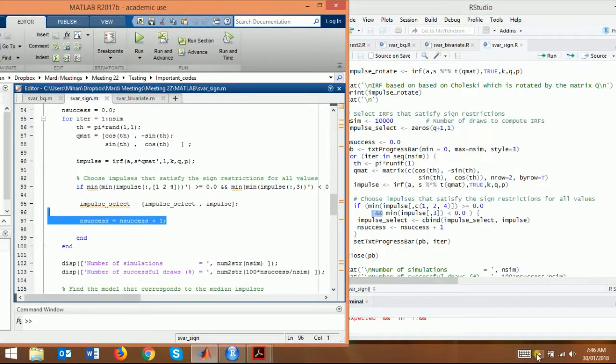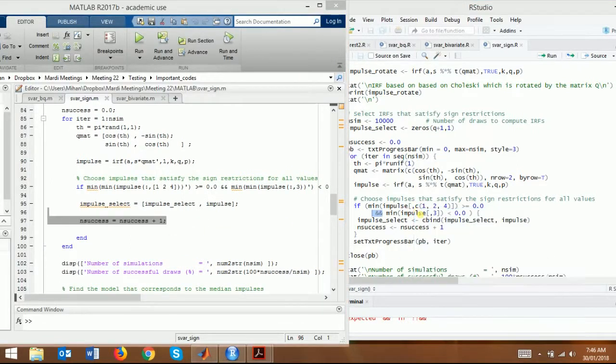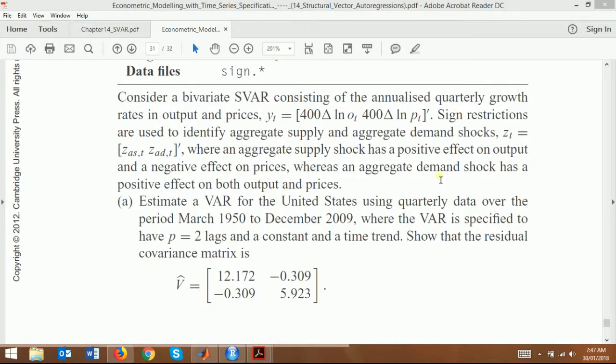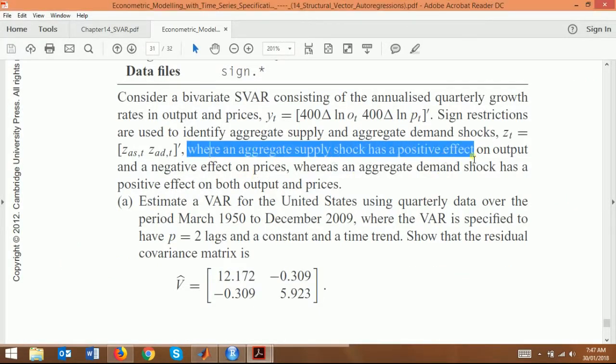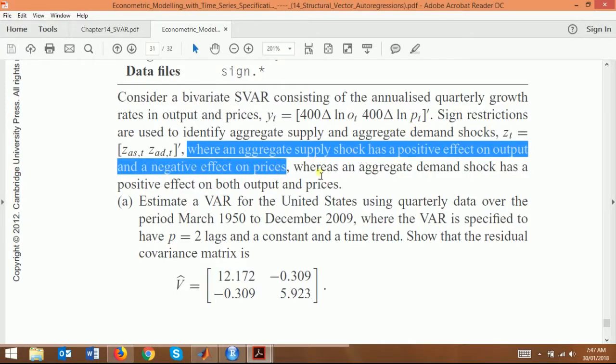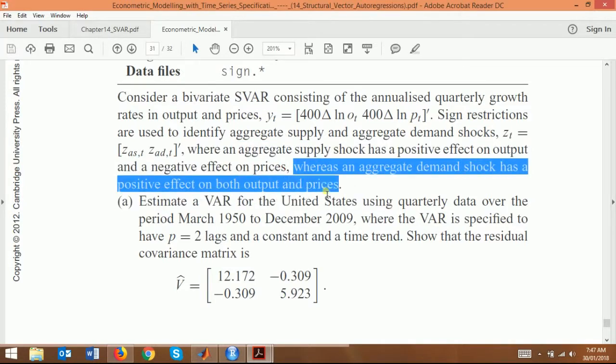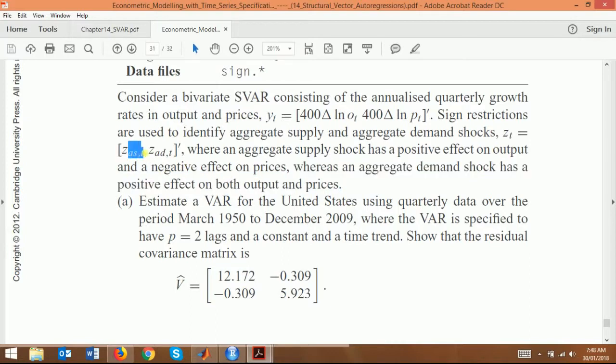So it will go on. So basically, an aggregate supply shock has a positive effect on output and a negative effect on prices. Aggregate demand shock has a positive effect on both. So 1, 2, the third element, the aggregate supply shock, aggregate demand shock.